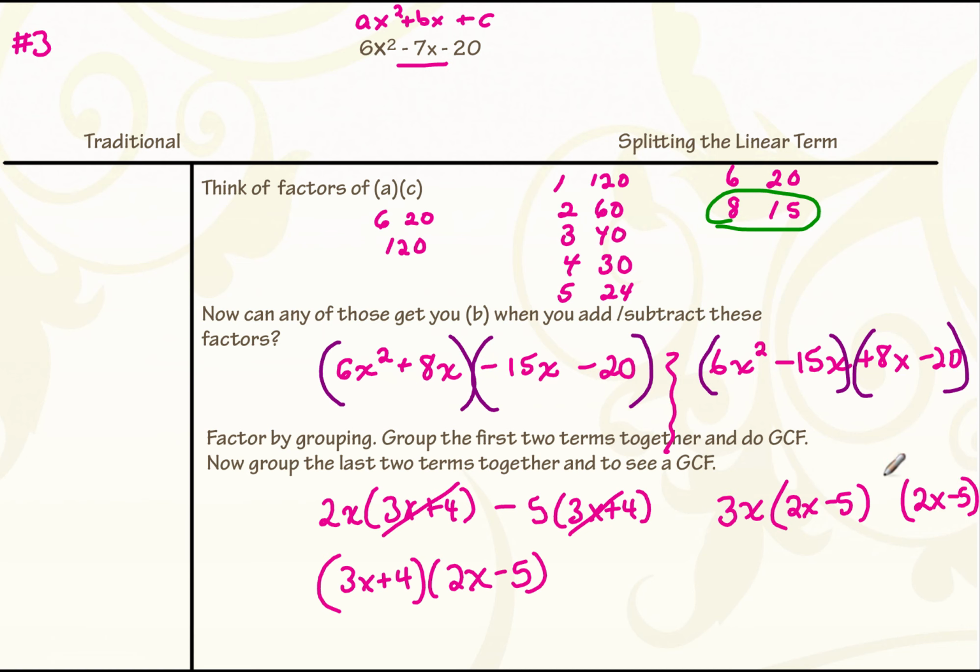And if I took out a minus 4, now I want to take out a plus 4. And beautiful, I get the same answer. The greatest common factor is 2x minus 5. And then I have 3x plus 4. So this split in the linear term thing works pretty darn cool. All right, that's it.